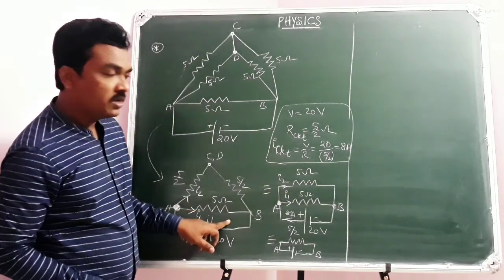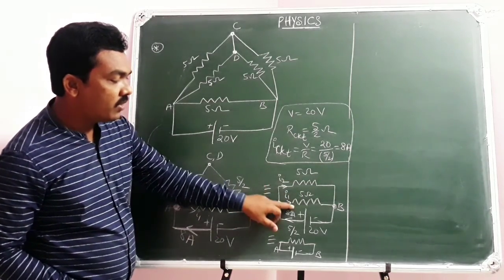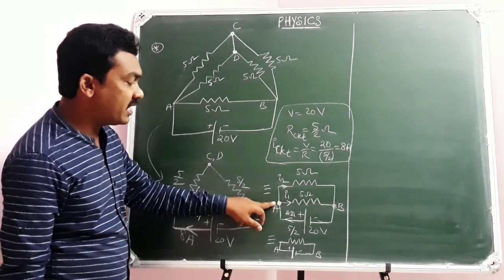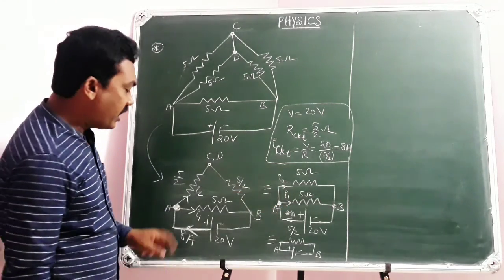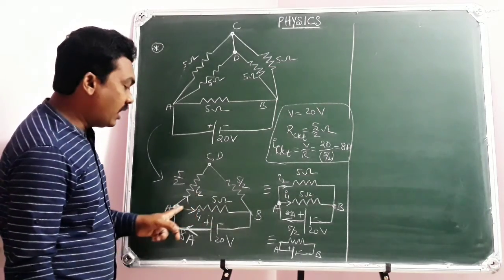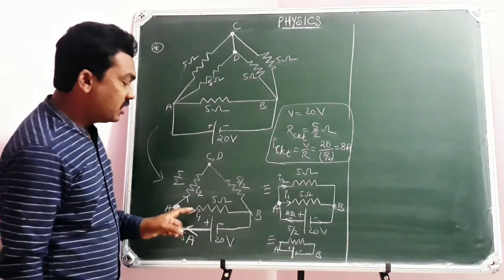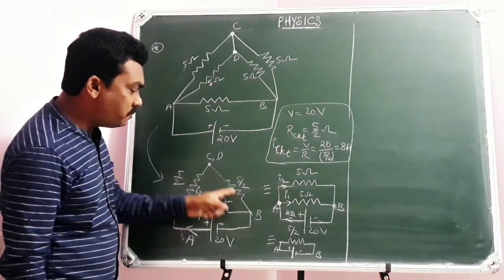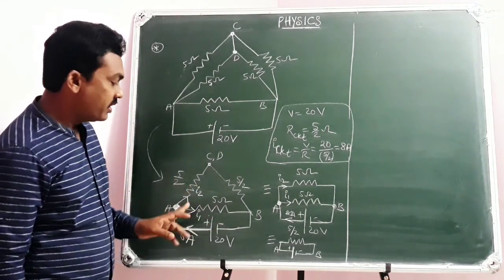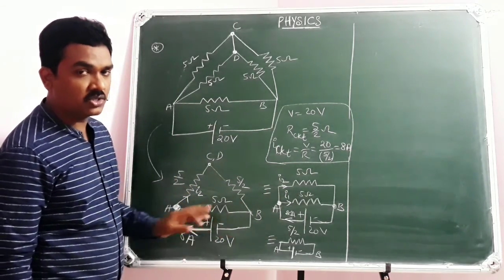In this path 5 ohm means these two are equal resistors in parallel combination. So when current is dividing at A as I1 and I2, along the path ACB, I2 current, along the path AB, I1 current. In the path ACB, we have a 5 ohm resistor, because 5 by 2 in series. In the path AB, there is a 5 ohm resistor.